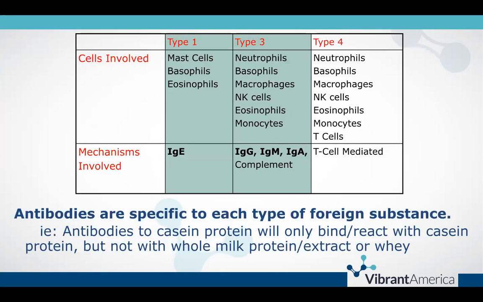Okay, so another way to think about this is type 1, type 3, and type 4 are the forms that are going to involve immune cells. Antibodies are going to be specific to each type of foreign substance. So the antibodies that you make to one thing typically do not bind to another thing unless they have a very, very high degree of homology, which means their chemical protein structures are so incredibly similar that they are essentially recognized as the same thing.